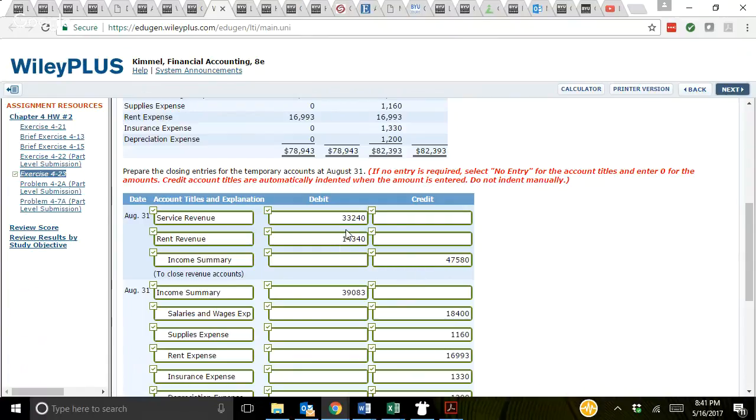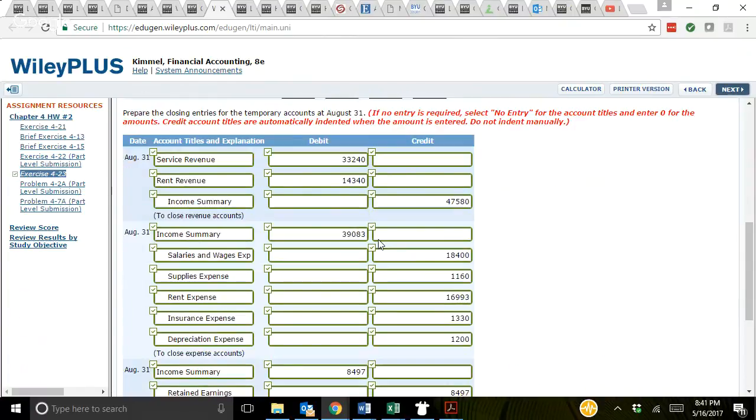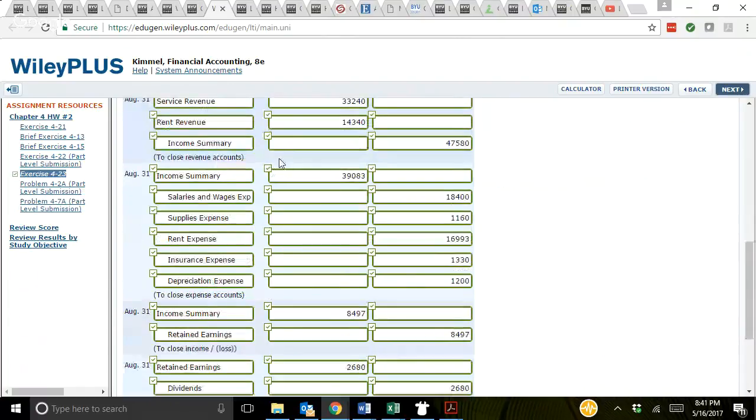If you add these two numbers together, the sum is 47,580. So we're adding the service revenue and rent revenue together, debiting it here, crediting it into the income summary. Perfect. That closes out the revenue accounts, and we just have the income here, which is 47,580.